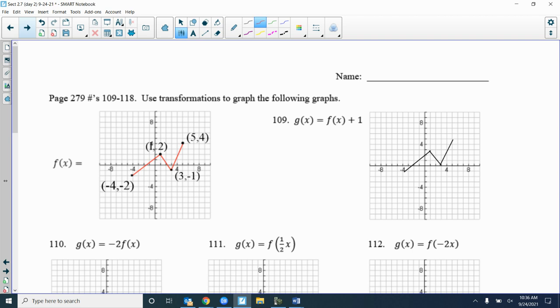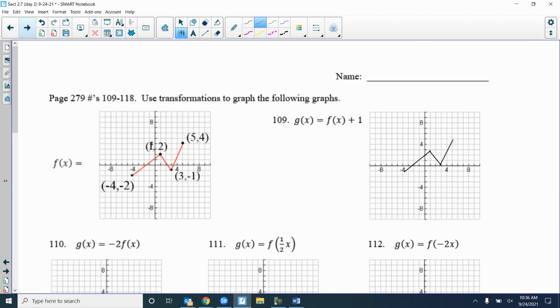All right, let's just go through the first couple, just make sure you're good there. That's called f of x. You don't know what the function is, it doesn't matter. So for 109, it just says f of x plus 1. What does the plus 1 do? Moves everything up 1. So just move everything up 1.